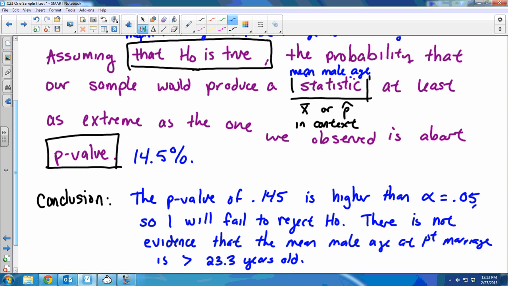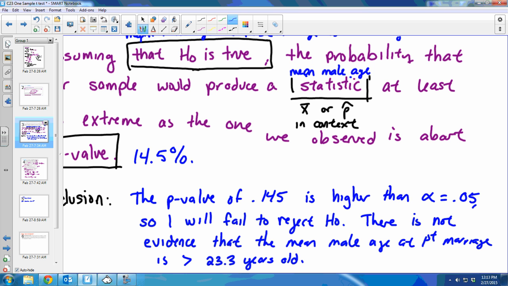So you guys are going to be little pieces of it, like snippets. Questions? Okay. I'm saying there's not evidence that the mean has changed. You could just say it seems that the mean age has stayed the same at 23.3. But I've started my sentence with there's not evidence that, which means there's not evidence that there's been a change. We're good with that.